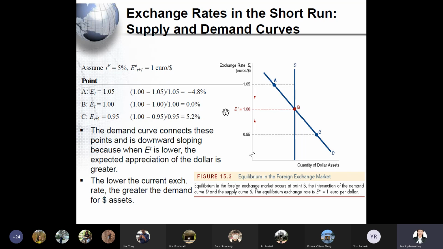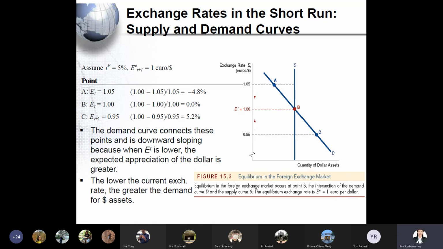Given people want to sell more dollar assets than they want to buy, the value of the dollar is decreasing. As long as the exchange rate remains above the equilibrium exchange rate, the excess supply continues, and then the exchange rate of the dollar will be forced to reach its equilibrium.